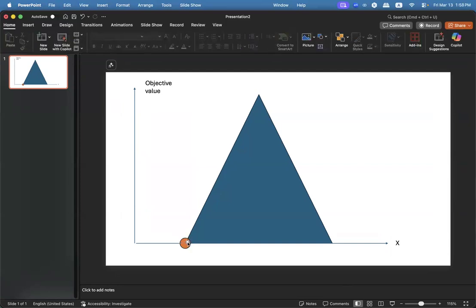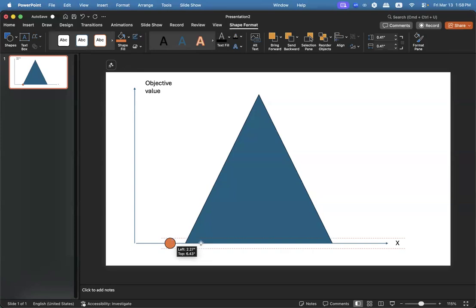Because we are only working on one value x, there are two possible ways we can go: either left or right. If we go right, the point will go along the curve, so it will go right here. If I go left, then it will go right here.